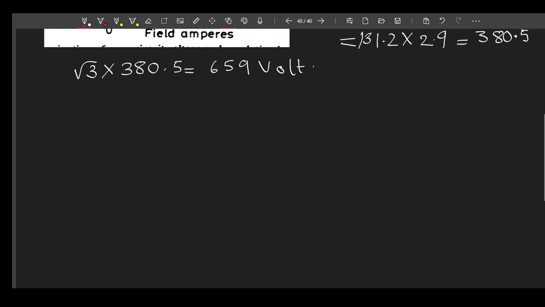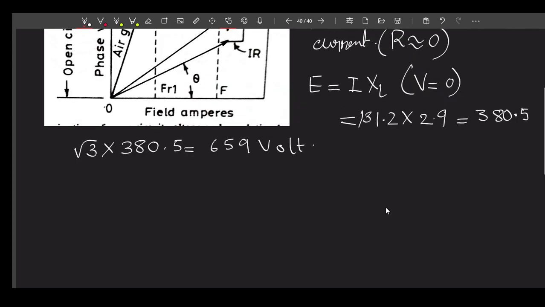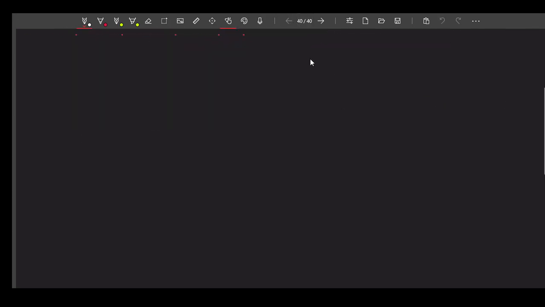Now we need to figure out how much current is required to produce this much line voltage.